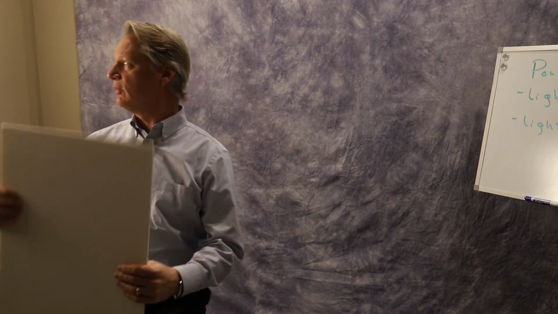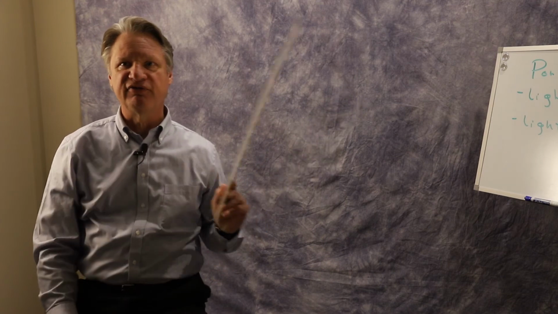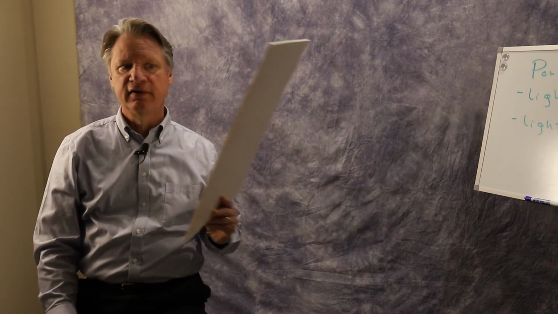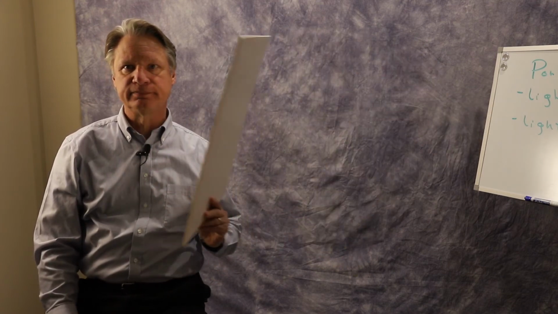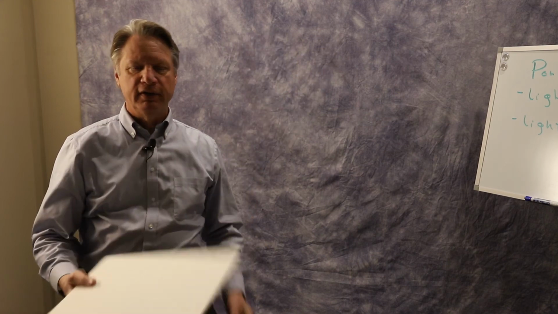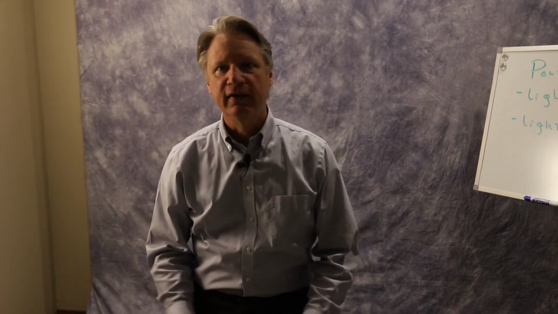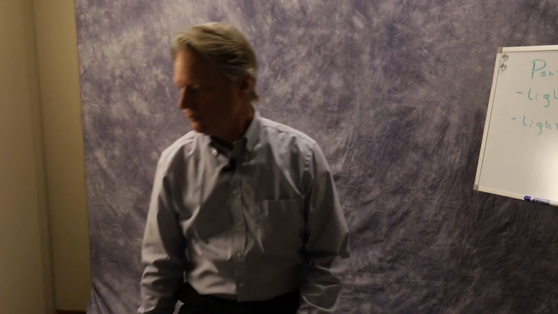I'm going to get very close to this light source, and I can use the reflector on this side to fill in a little bit, right? So light's kind of fun to play with and look at.